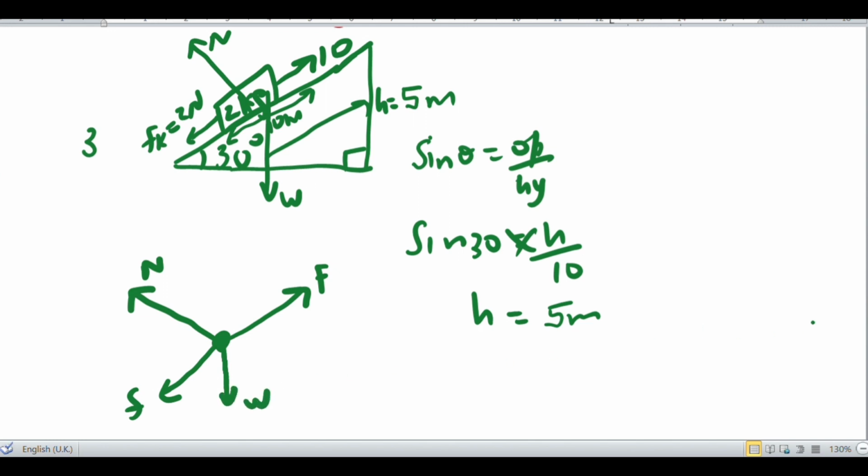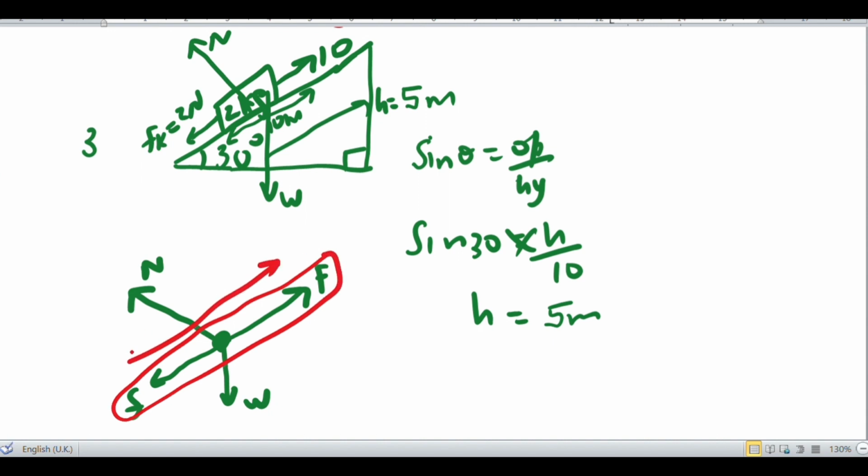Now if you look here, each force has its displacement parallel to it. These forces have this displacement parallel to them, which is 10 meters.